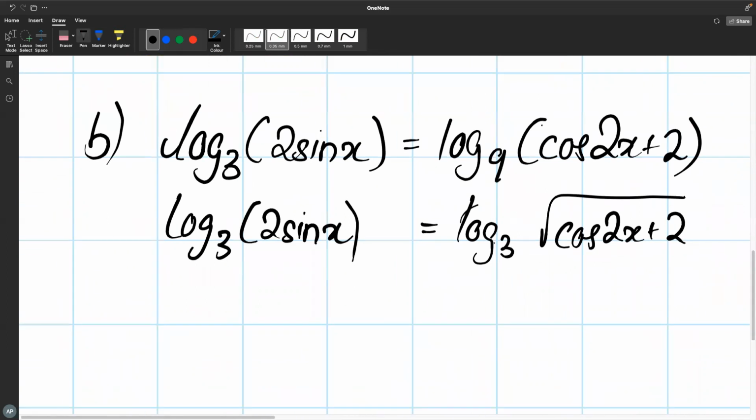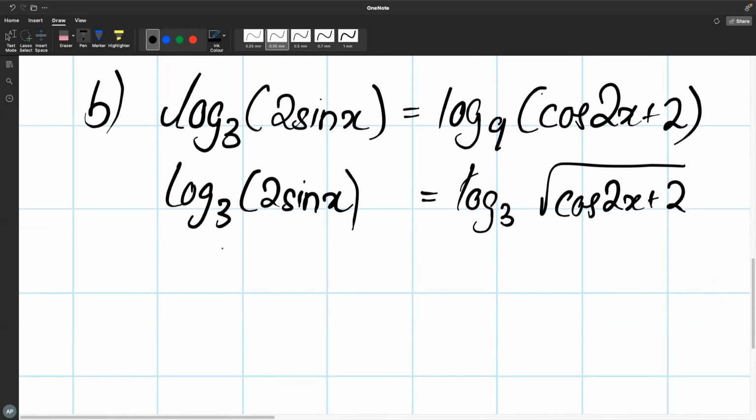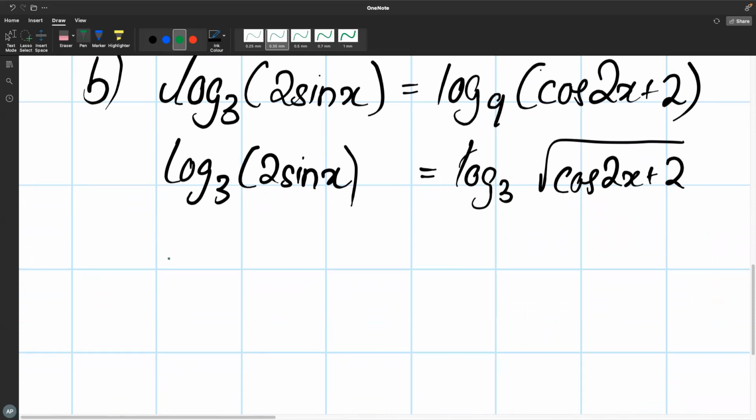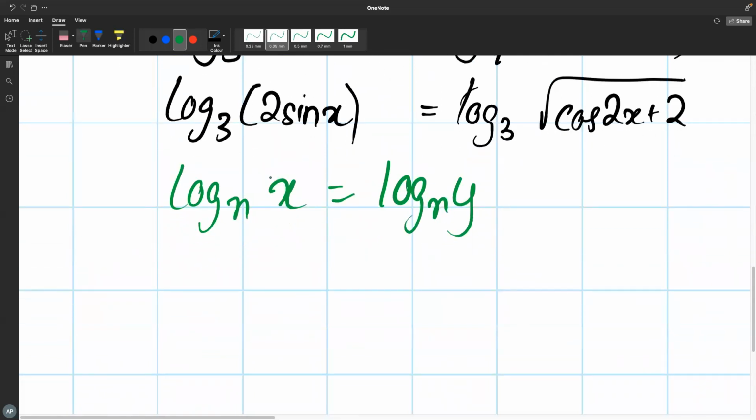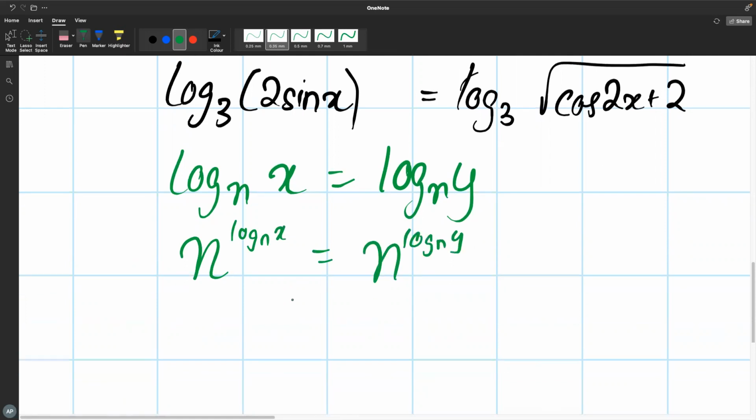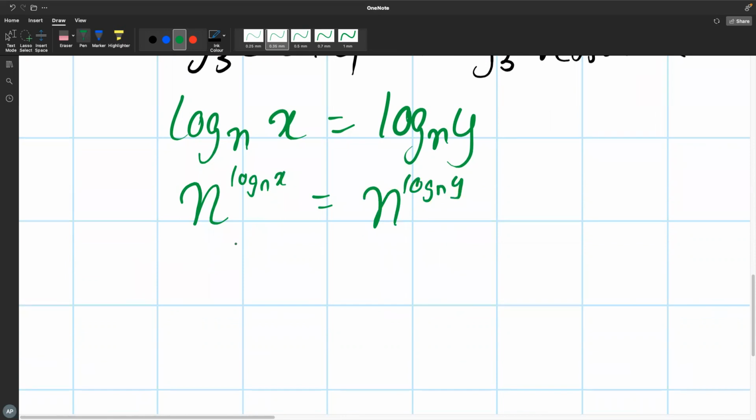Now the reason why this makes it easy is because both of them are log base 3s. Now let's apply another rule of logarithm. So for example, if you have log n of x is equal to log n of y, if we make these the powers of the base n, so n to the log n of x is equal to n to the log n of y, the bases cancel out and we get x is equal to y.